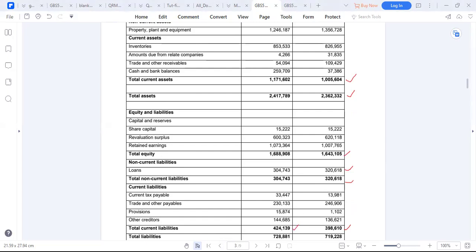Are we there? On the liquidity ratios, we're just comparing the figures. You need to know how to locate which ones are needed. In the interest of time, let me just go to my solution sheet.